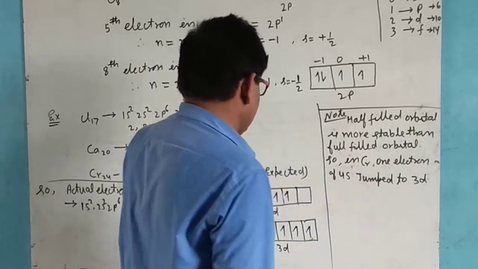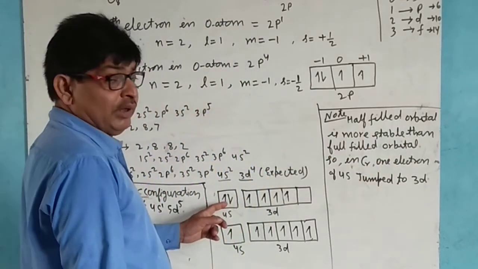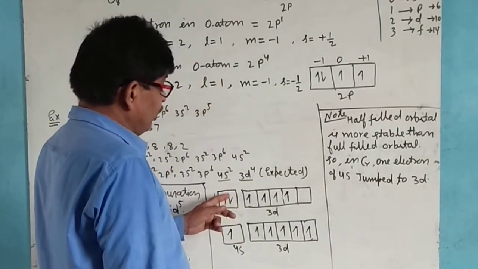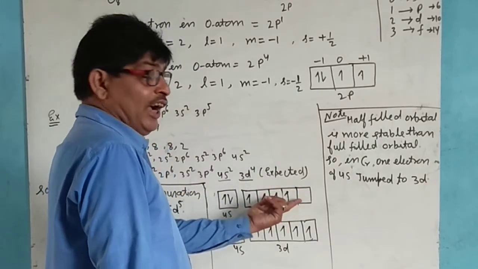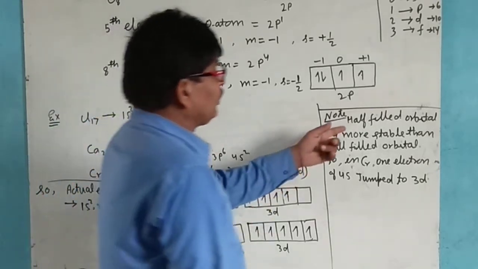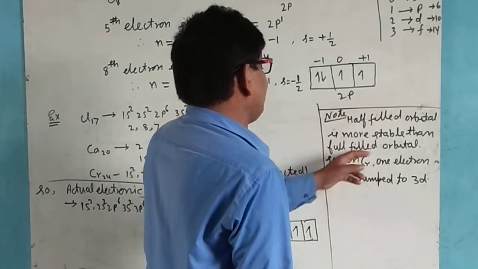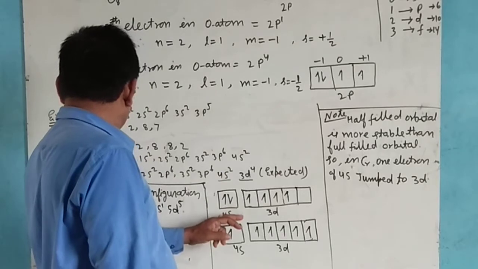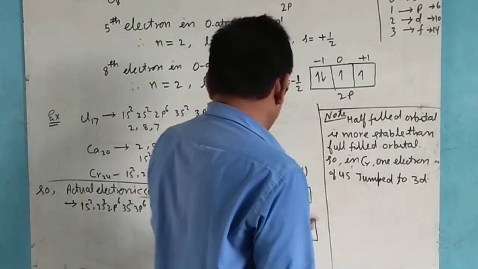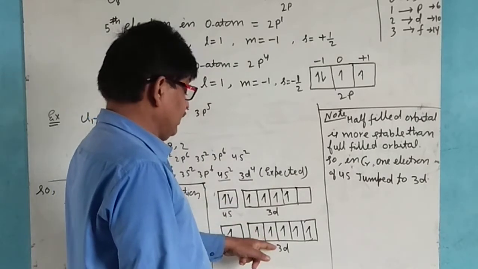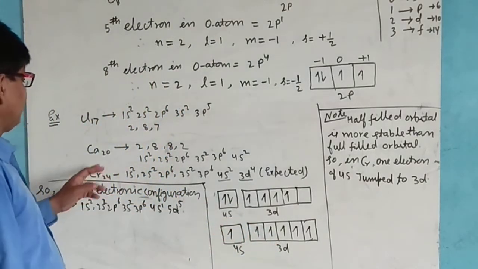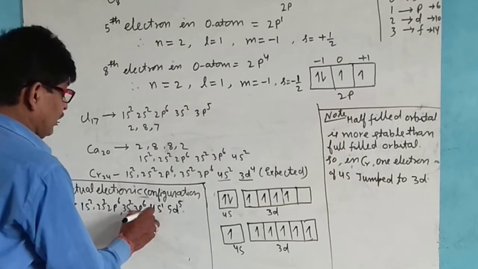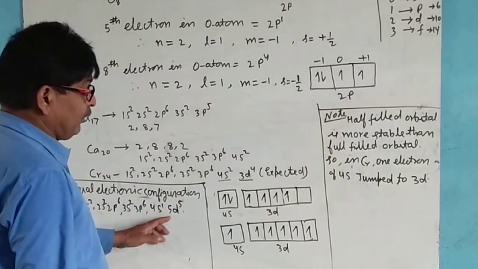So one electron jumps from 4s to 3d, so that this is half-filled and this is also half-filled. So the actual electronic configuration of chromium is 1s2, 2s2, 2p6, 3s2, 3p6, 4s1 and 3d5.